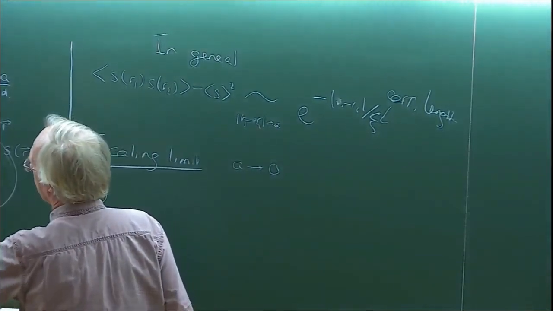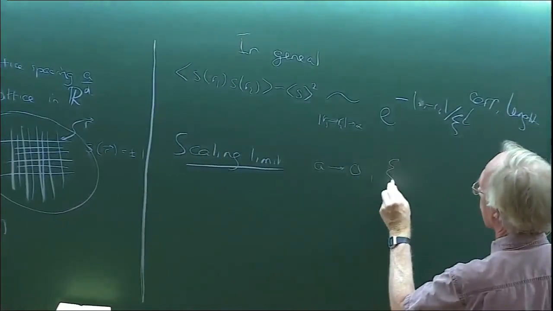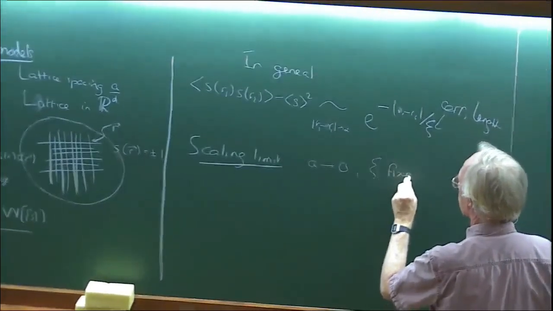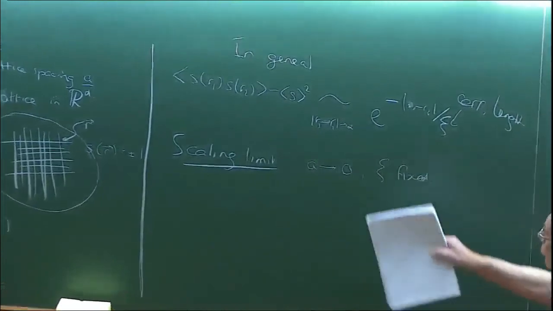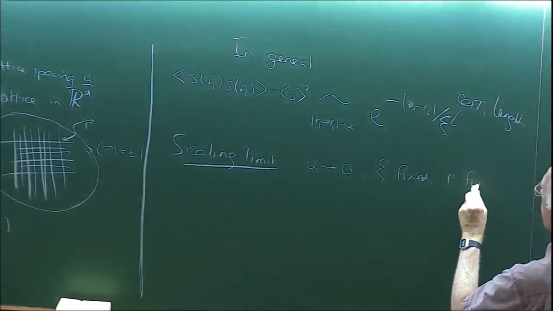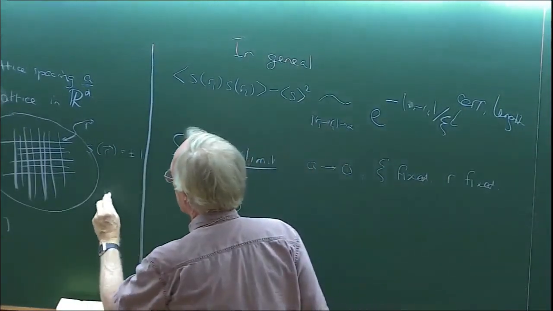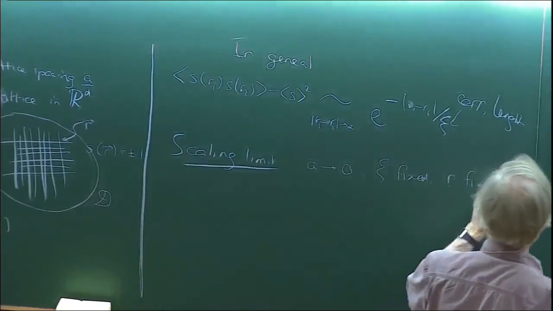So a goes to 0, but keeping the correlation length fixed and keeping all the other distances fixed here, R fixed. If we're working within a finite region here, D, we also keep that fixed.